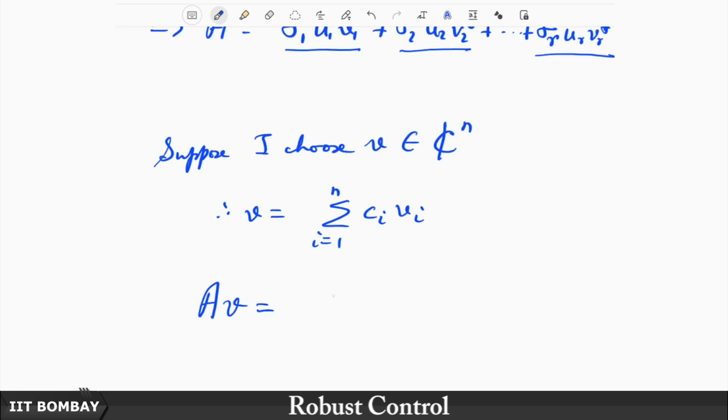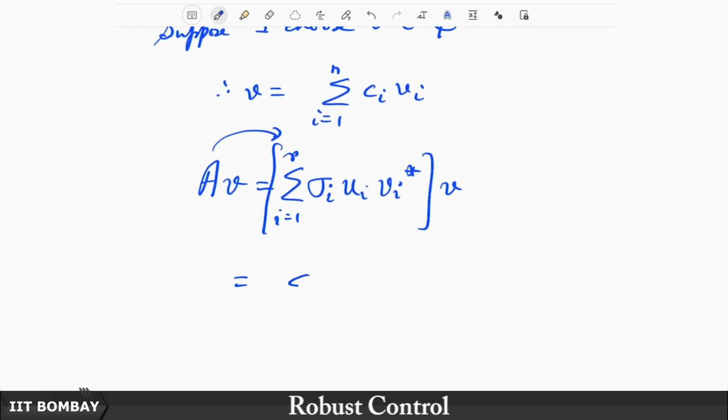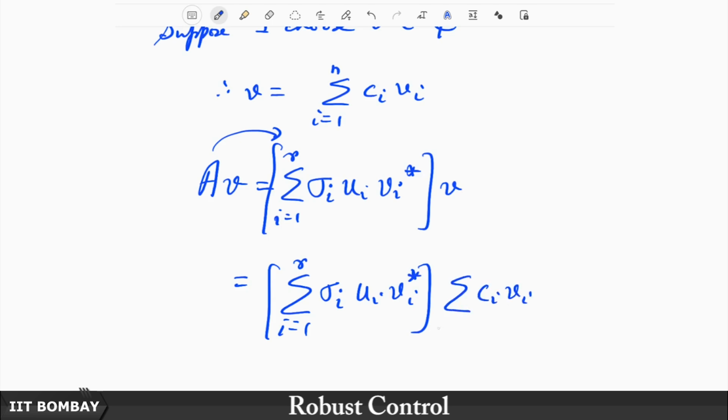This is nothing but summation sigma i ui vi Hermitian, i ranging from 1 through R, that is what A is, times V. So, then I get to write this as i equal to 1 through R sigma i ui vi Hermitian, and then there is a second sum here, which is summation Ci Vi, i going from 1 through n.